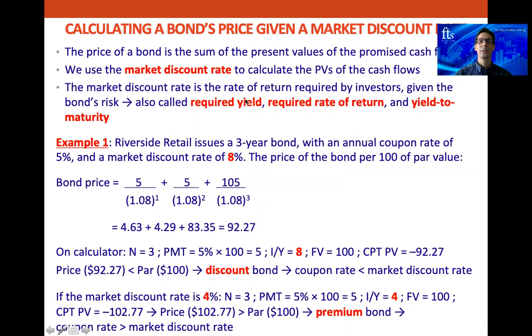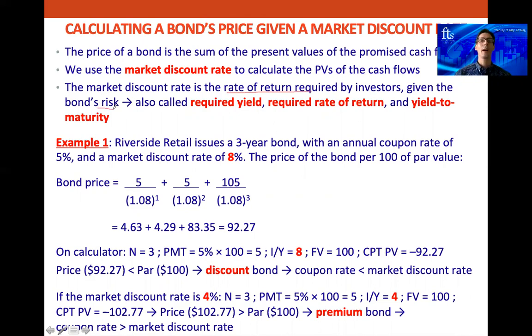So the first thing we need to do is calculate a bond's price given a market discount rate. The price of a bond is just like the price of anything. It's just the sum of the present values of the promised cash flows. So we're going to use the market discount rate to calculate the present values of these cash flows. The market discount rate is the rate of return that's required by investors given the bond's risk.